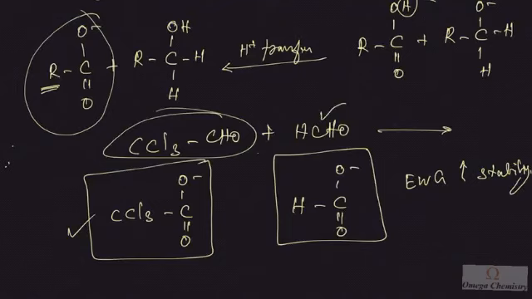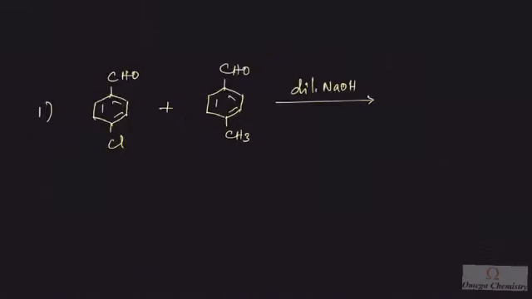Please students understand, the compound with electron withdrawing groups will become the acid or the sodium salt of the acid, and the compound which doesn't have such an electron withdrawing group will become alcohol, right?